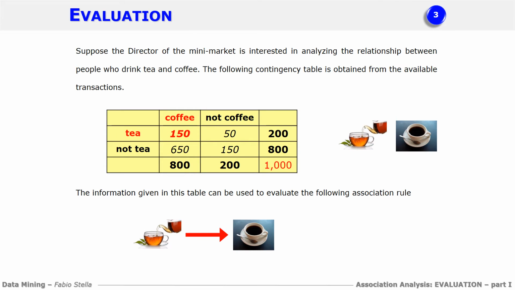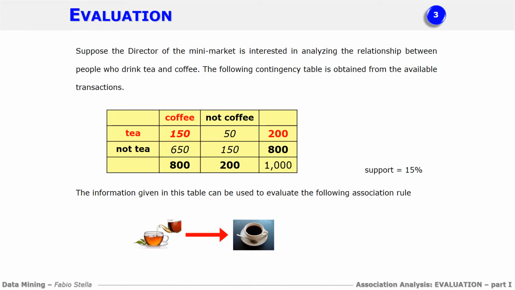In particular, to compute the support of this rule, we first need to compute the support count, so the number of transactions where both tea and coffee occurred. This value can be obtained from the contingency table, and it is equal to 150. Now, if we divide the support count by the total number of transactions, which is equal to 1000, we obtain the support of this rule, which is equal to 15%.